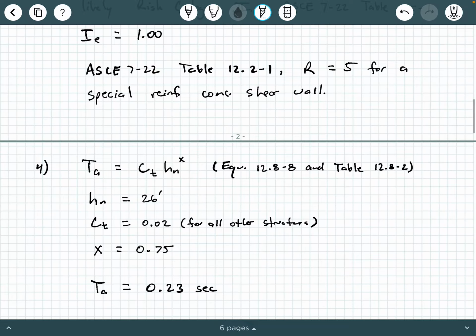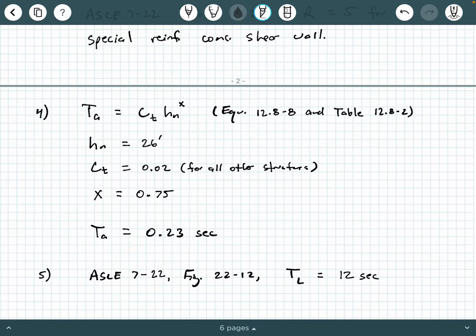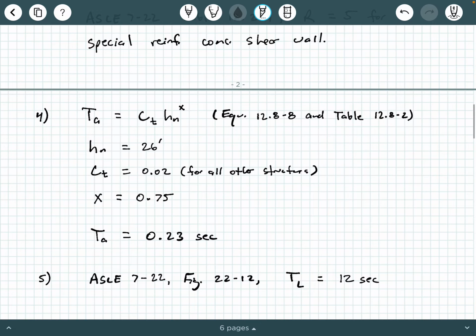So what do we do next? Well, we can scroll on down. The ASCE 7 online hazard tool gave us the long period already, but we can also determine it from figure 22-12 in our ASCE 7 document. So let me just double check that I'm giving you the right figure designation.